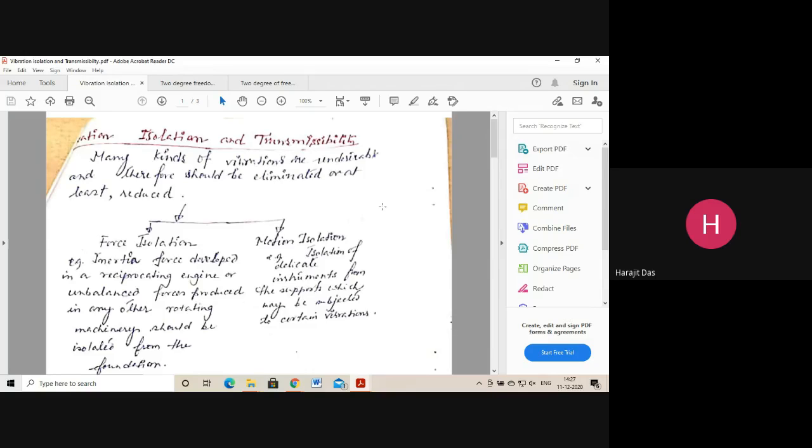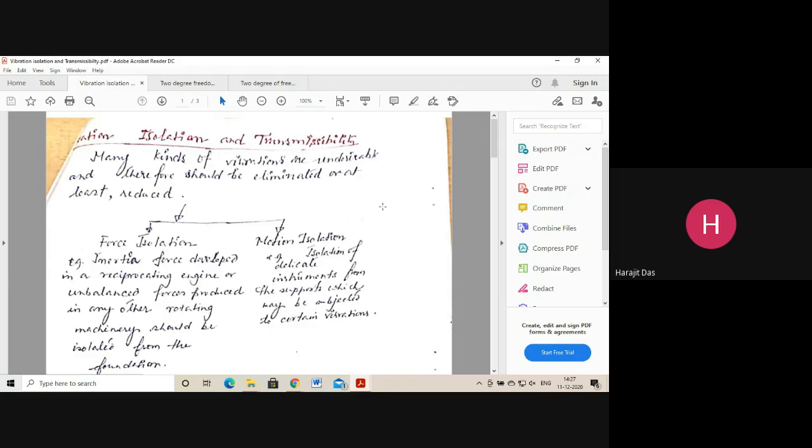Why will they vibrate? Because of the unbalanced forces set up during their working. These are the disturbing forces which will damage the foundation. So the vibration transmitted to the foundation should be eliminated or reduced considerably by some devices.